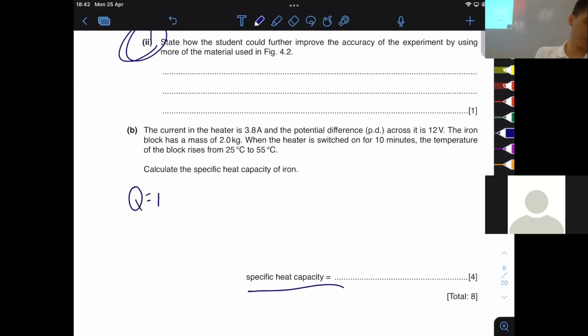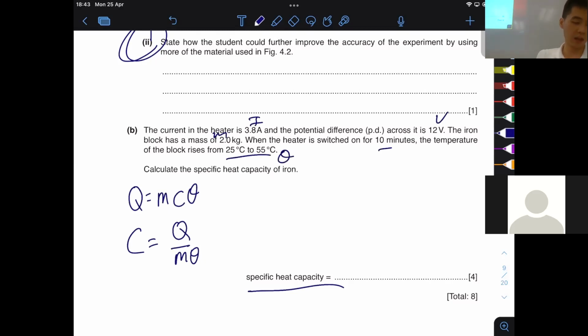E or Q is equal to mc theta, right? If you want to find specific heat capacity, then c will be Q over m theta. Then, if I know that this is the formula, the next thing I look at is the information. This is going to be current, this is going to be voltage, this is obviously going to be mass, and this is going to be the change in theta, and this will have been time.